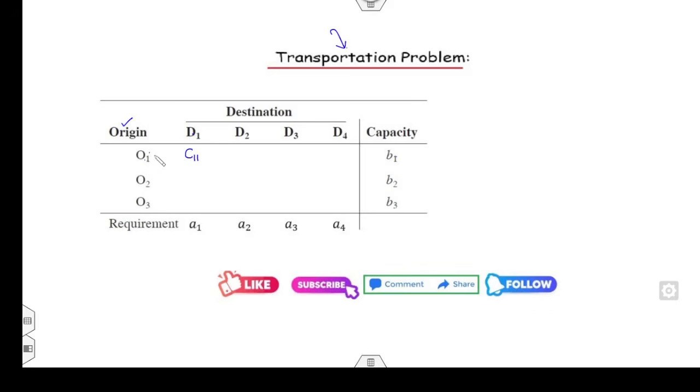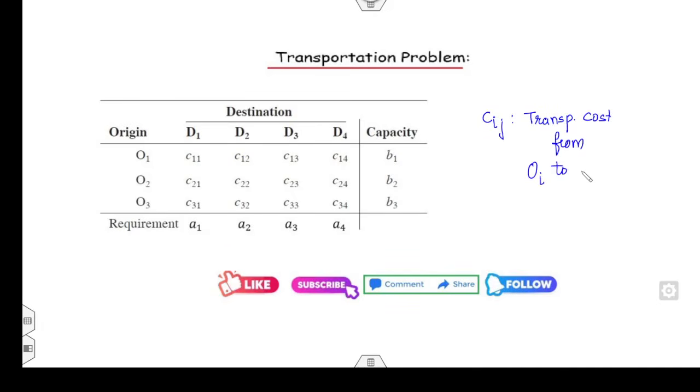Transportation cost from O1 to D2 is denoted by C12 and so on. Remember students, Cij represents the transportation cost from the origin Oi to the destination Dj.